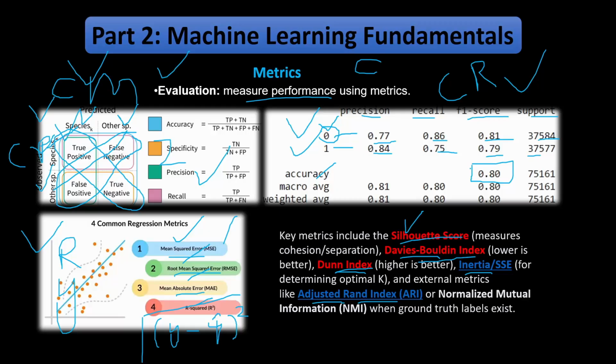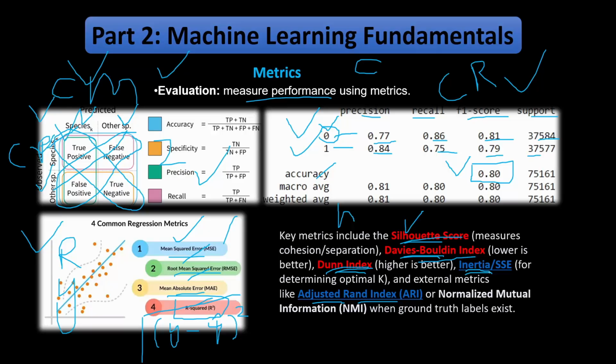But if you want the accuracy of your regressor, like we checked for our classifier, then you cannot use classification report or confusion matrix. Instead you use R squared, which tells your regressor accuracy. But what if you have trained unsupervised learning algorithms such as K-means clustering or DBSCAN? Then you can use silhouette score, Davies-Bouldin index, where lower is good, and Dunn index, where higher, such as 80, 85, 90, is good.